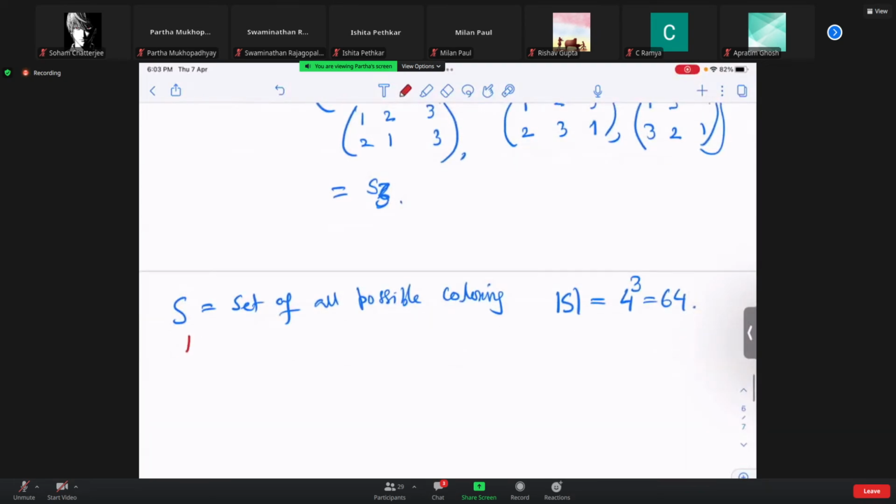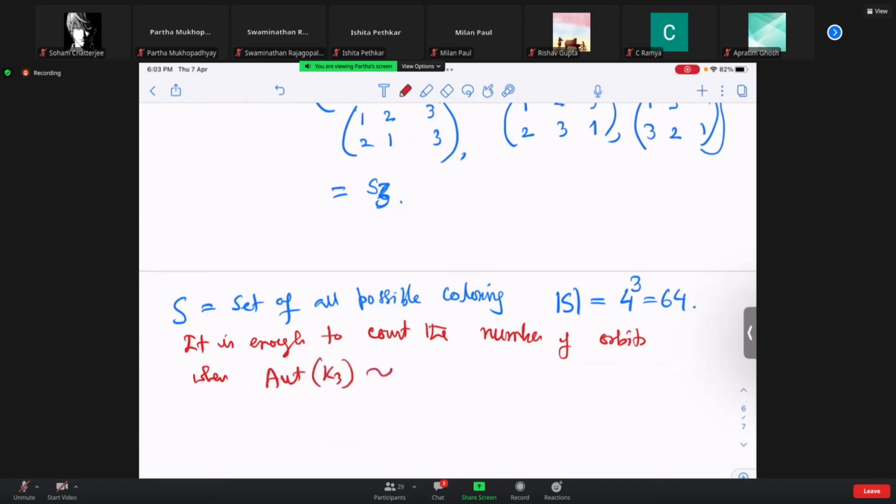So it's enough to count orbits under the action of this group. And we know that to count that, it is enough to compute the fixed points for each permutation.